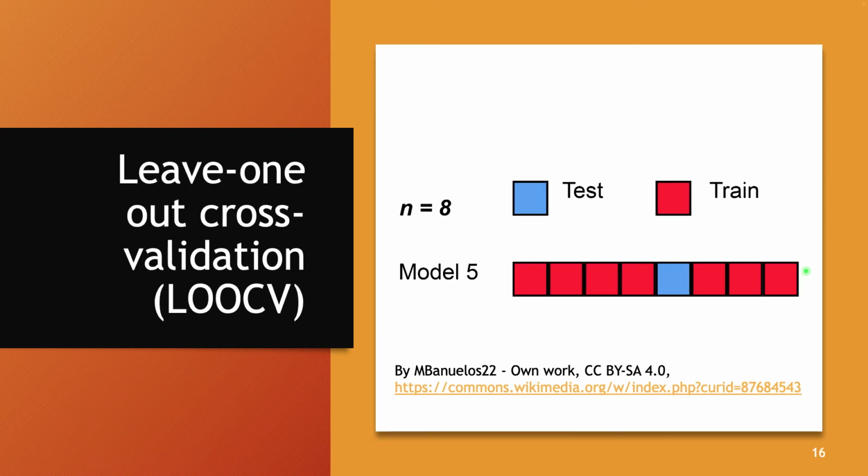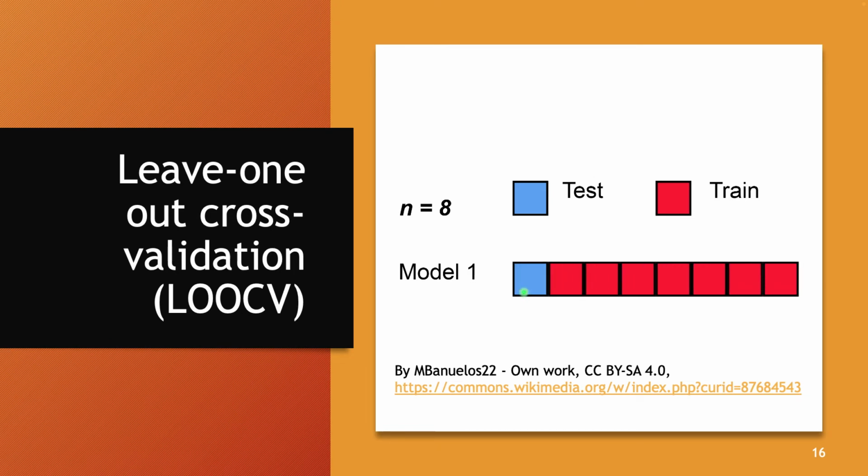Here is another option for cross-validation. This is called leave-one-out cross-validation. Here, when you do your k folds, k is going to be exactly equal to the number of points in your training data set, and in each iteration you will have exactly one data point in the validation data set and all the other ones in the training data set.